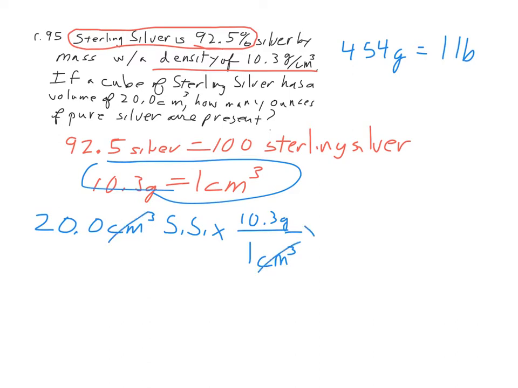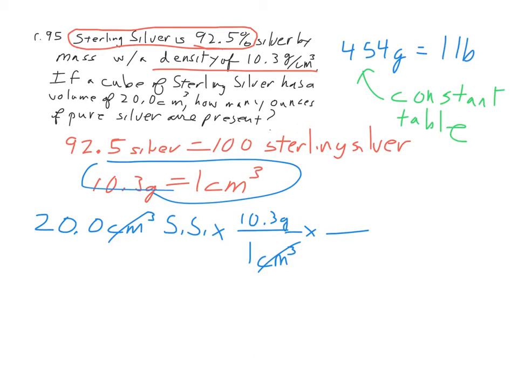Now this problem doesn't want grams, they want ounces. I need a conversion factor that lets me go from grams to the English standard system. So I went to the constants table that you can get by clicking in the upper left-hand corner of your homework problem, and I discovered that 454 grams equals 1 pound.